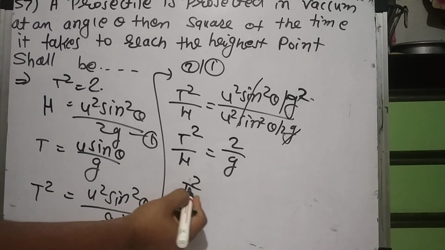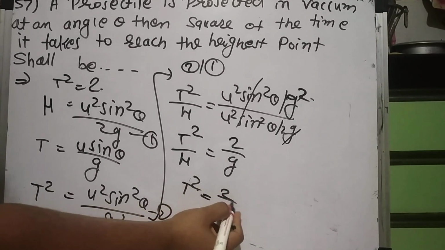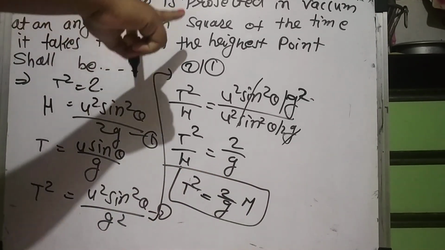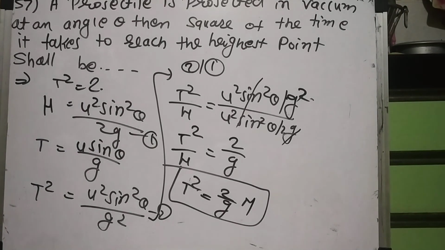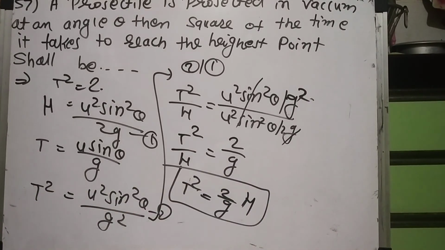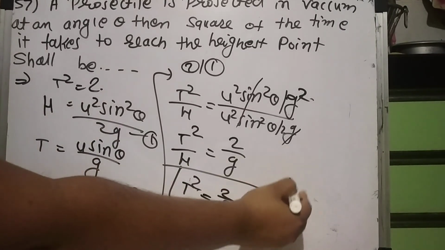Therefore t square is equal to 2 by g times height. Therefore the square of time to reach the highest point is 2 by g times height. Which option is correct? Option number D is correct.